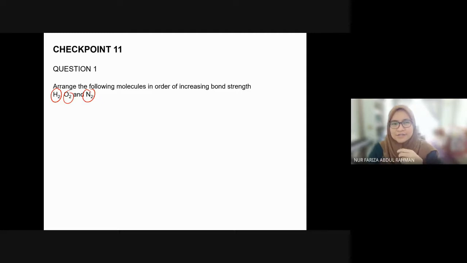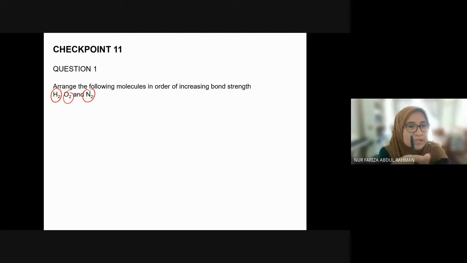Looks like we can identify this order straight away. Macam tu, across the period, down the group, mesti nak buat macam tu kan. But please do not forget the order of the bond. You have to identify. Sebab you nak eliminate. You ada dua factor tau dekat sini. Order of the bond. You have to identify.